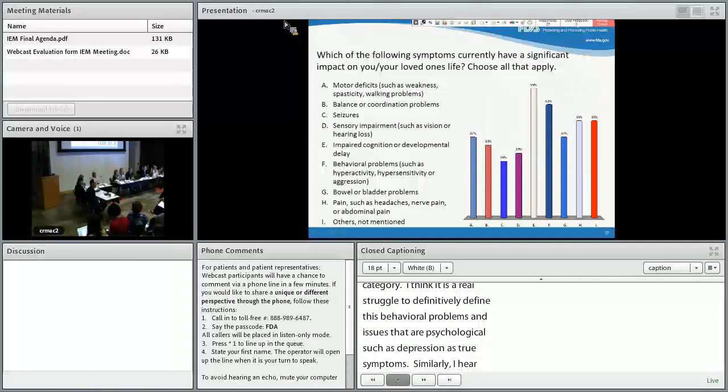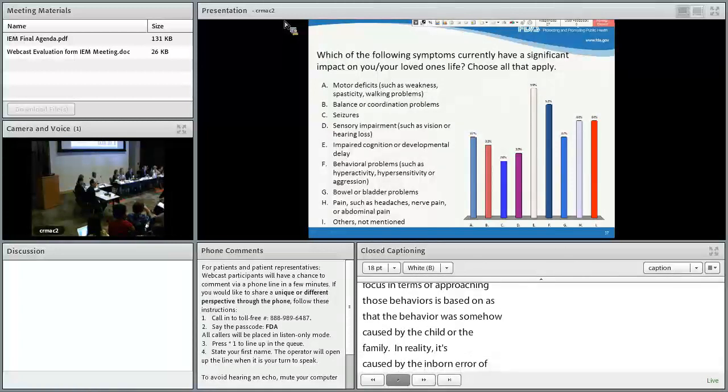Similarly, I hear from parents quite often who say that their children who have features that are on the autism spectrum, but their child has a mitochondrial disorder, that the treatment or the focus in terms of approaching those behaviors is based on as if the behavior was somehow caused by the child or the family. But in reality, it's caused by the inborn error of metabolism.